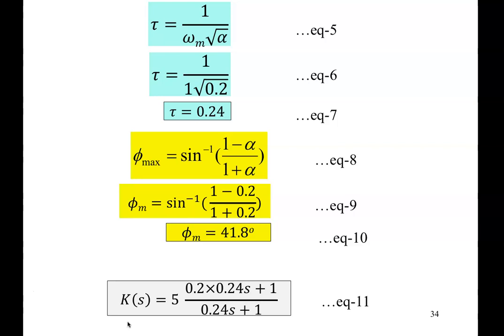In fact, the phase lead compensator is very similar to the PD controller, proportional and derivative control. The phase lag compensator is very similar to the PI control. It's just that they don't go as extreme as PI or PD.